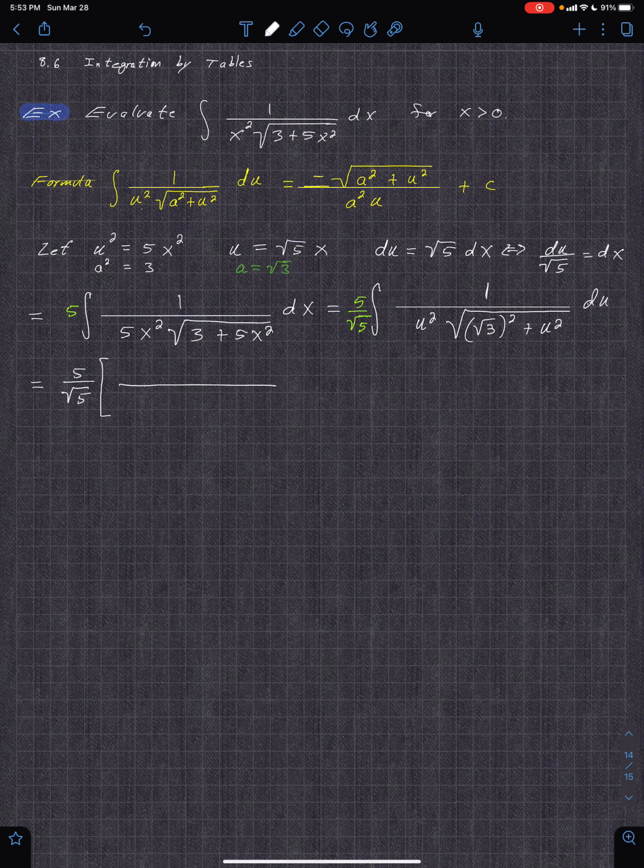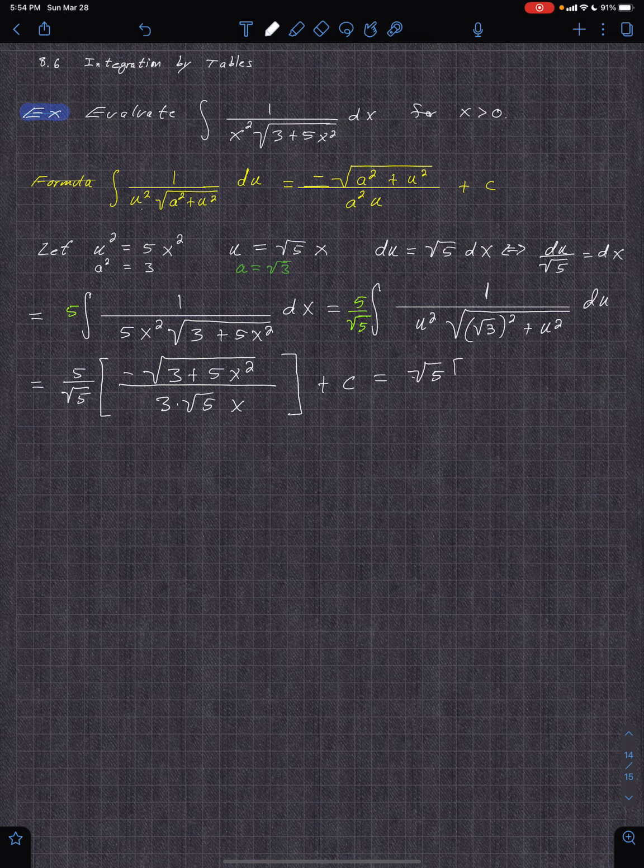And so you get negative square root of 3, because that's a squared, plus x squared, all over 3 times root 5x plus c. And then we can simplify that a little bit. 5 over root 5 is root 5.